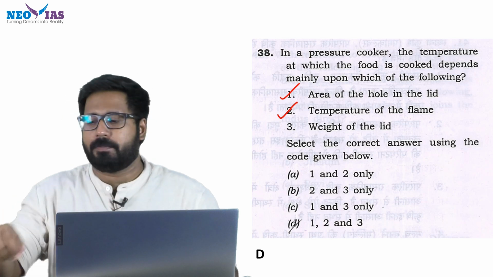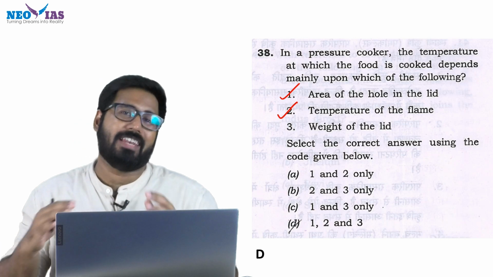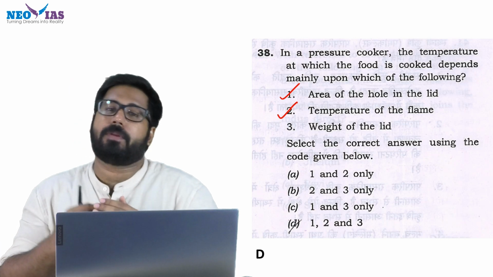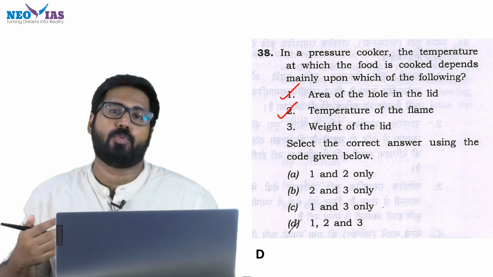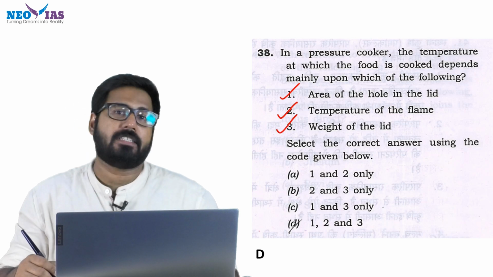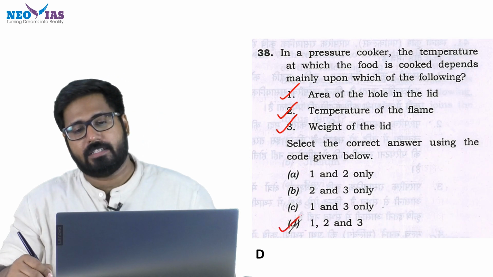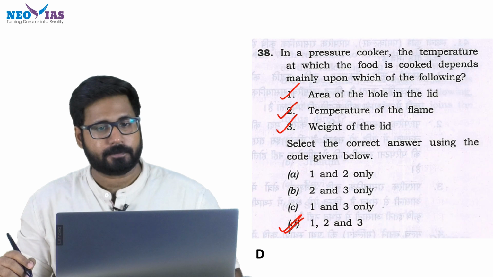The same concept is applied even for a pressure cooker. So the weight of the lid also matters. If you have a light lid, then the chances for the pressure to escape will also increase. So the weight of the lid is also important for the pressure cooker to function properly. Therefore, the answer is option D.